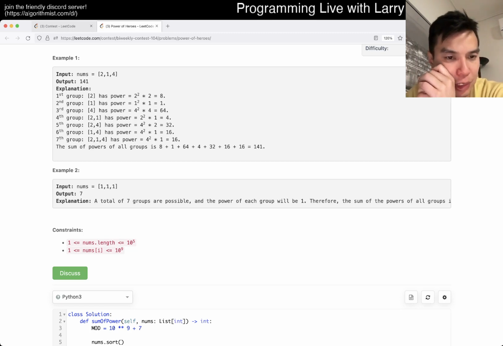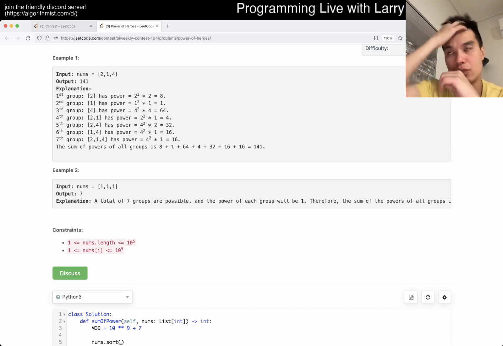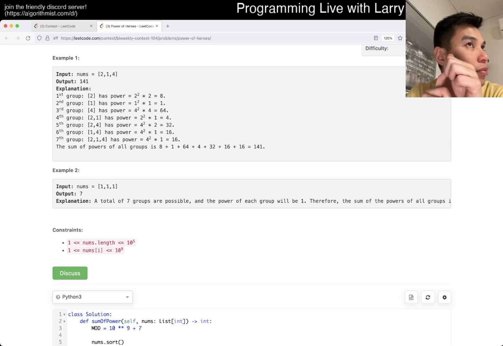I think this is one where I'm supposed to use asymmetry, but I'm blanking out on it. Maybe I'm just too tired today. So one. Can I do sliding window of sorts?